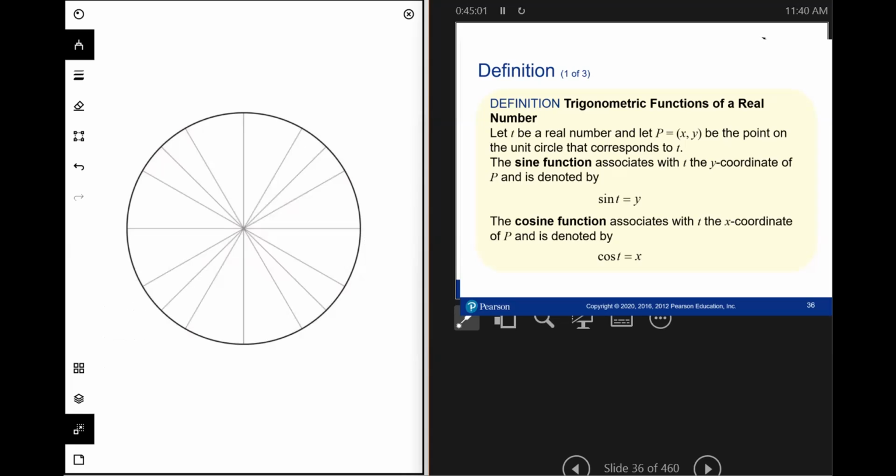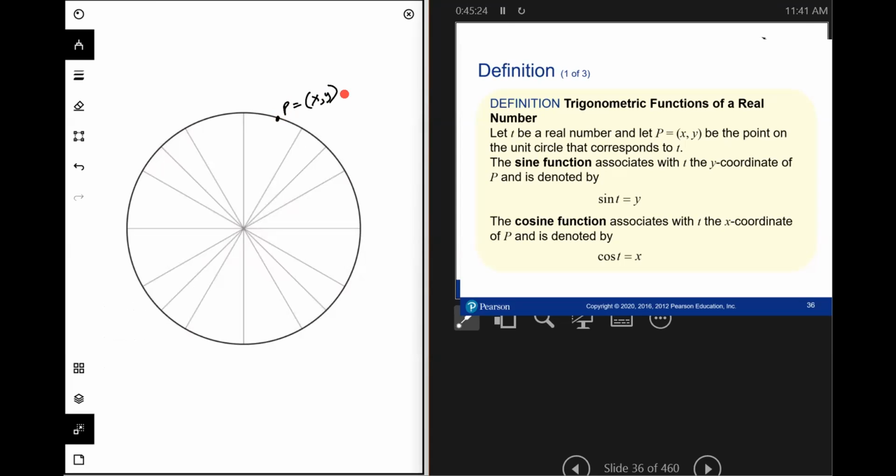All right. Let t be a real number and P equal (x, y). So I have some point here, P on the unit circle, and it has x and y coordinates.